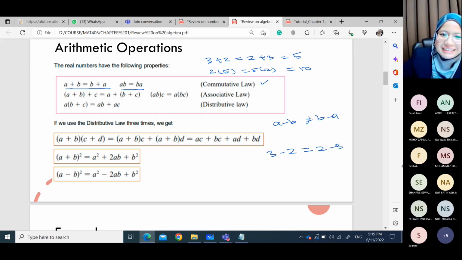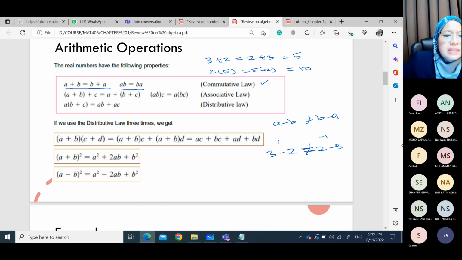Tak sama. Okay, so untuk ini you akan dapat 1, dari sebelah kanan ni you dapat negative 1. So 1 does not equivalent, tidak sama dengan negative 1. So based on this experiment, we can say that untuk commutative law, untuk minus dan juga division kita tak boleh nak guna. Kita hanya boleh gunakan untuk plus dan juga darab saja.